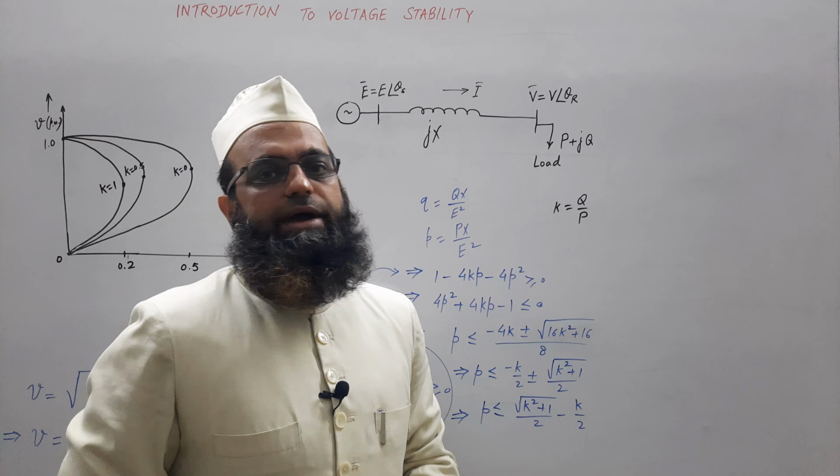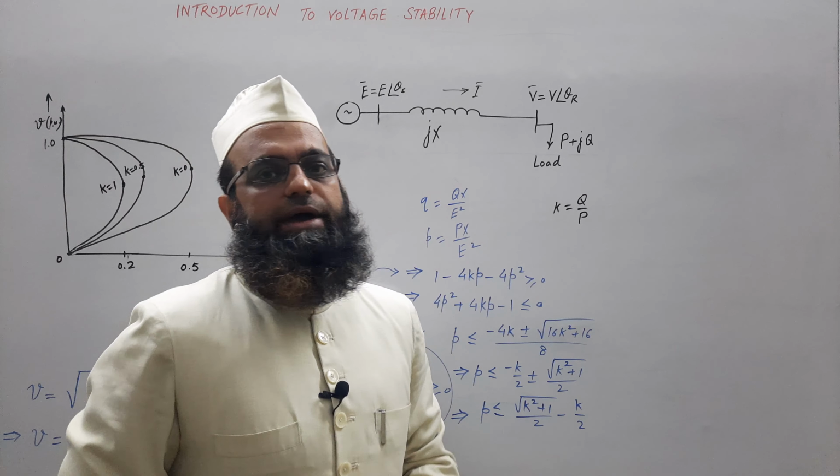If we will have leading power factor load, it means Q negative, instead of being consumed it will be supplied, it means K will be negative, it means we will have some another curve something like this, but again some new point will be there. If we increase further more leading, we get a curve like this.